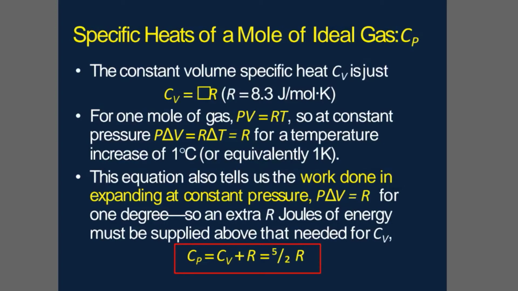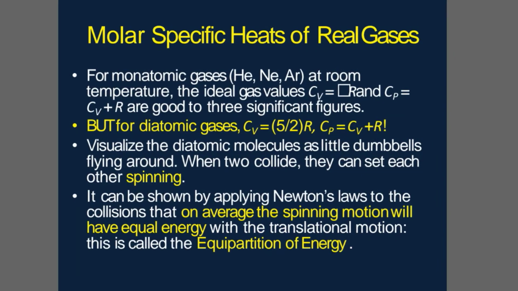This equation also tells us the work done in expanding at constant pressure, P delta V equals R for 1 degree, so an extra R joules of energy must be supplied above that needed for CV. As we know, Cp minus CV equals R, so Cp equals CV plus R, which equals 7/2 R.